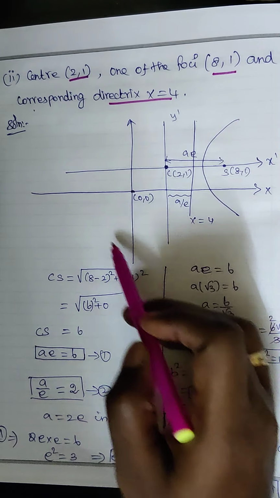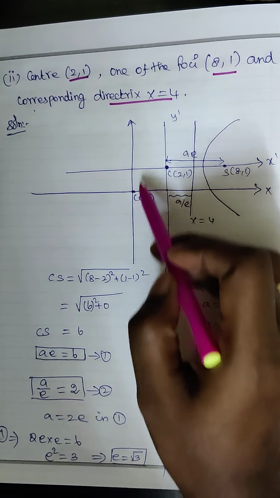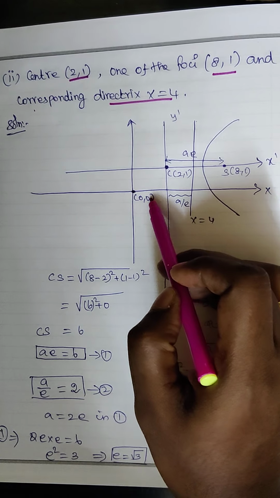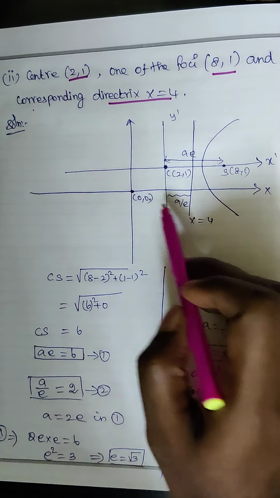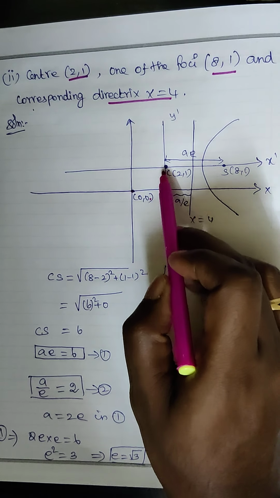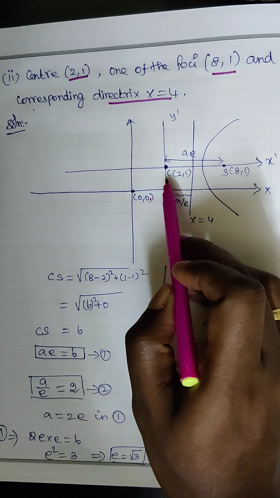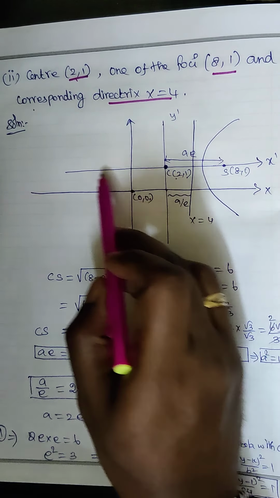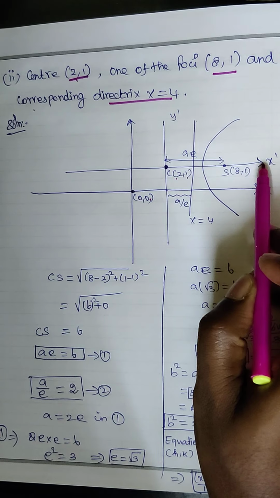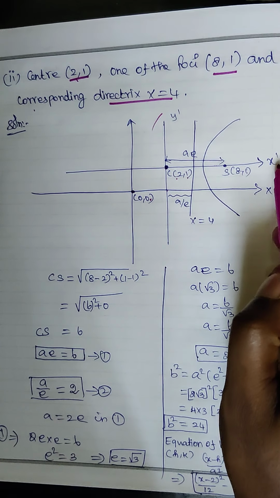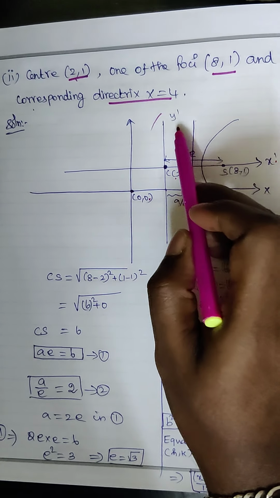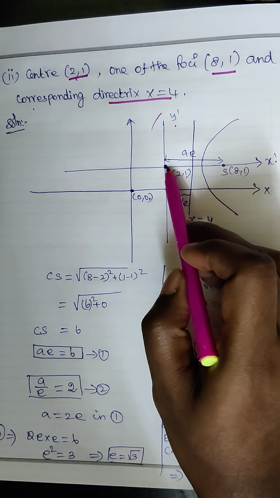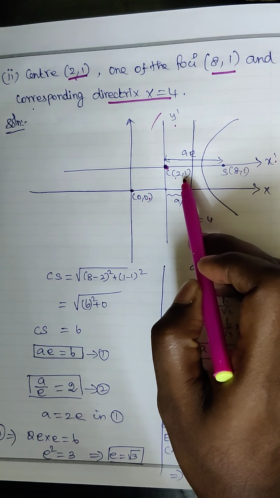First I am going to take the x-axis and y-axis, center 0, 0. The given center is 2, 1. So this is the new given center 2, 1. Now I draw the x dash and y dash axes. So this is the center 2, 1.